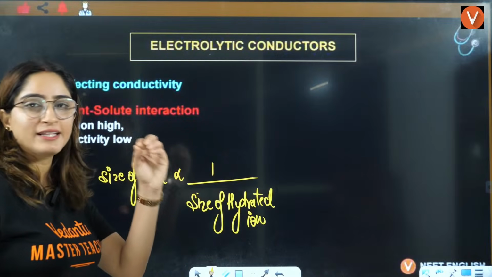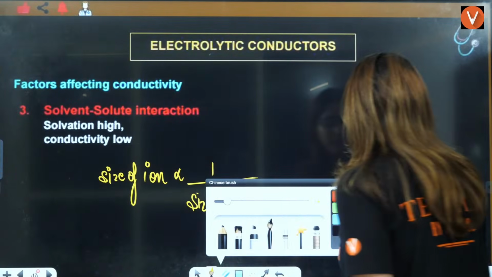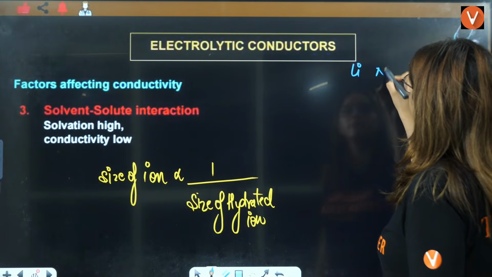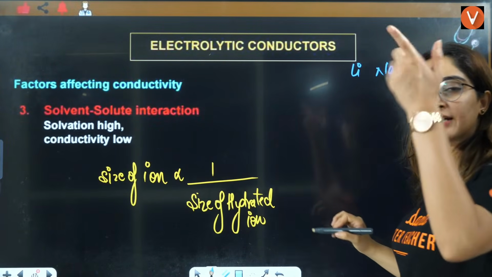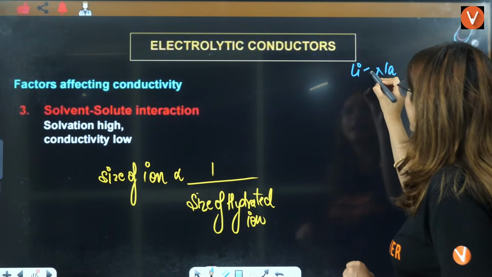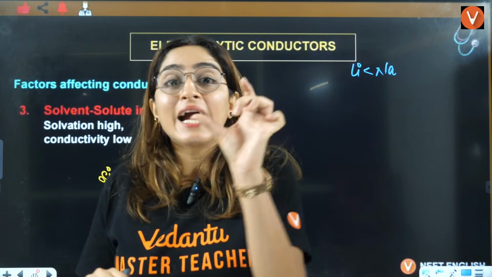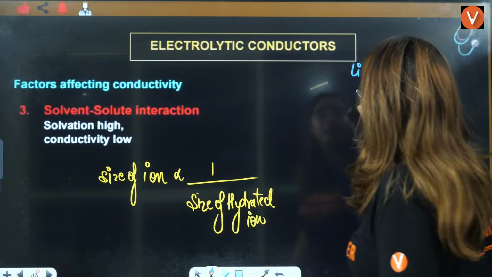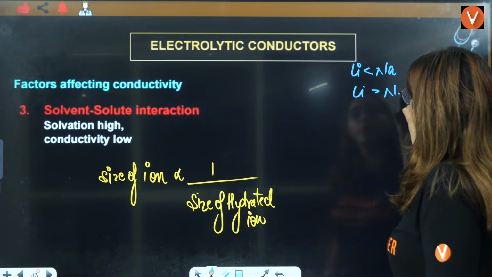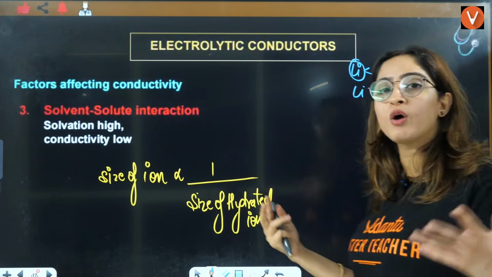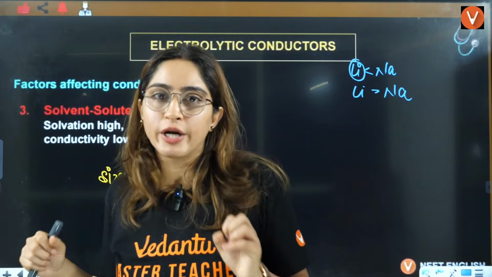Because if I compare lithium and sodium, we know that down the group size increases. So the size of the sodium ion is larger than lithium. But the hydrated ion of lithium will be greater than sodium, because more water molecules can surround lithium, right?